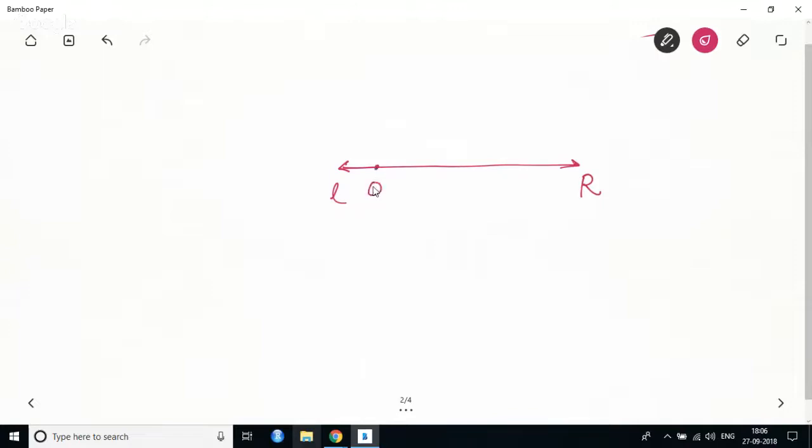So this is point Q, this is point P, and this is point S. Now here is a point A. So I am drawing a triangle AQ and this is going to R. So this is triangle AQR.